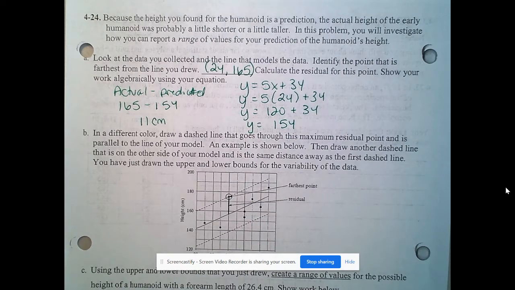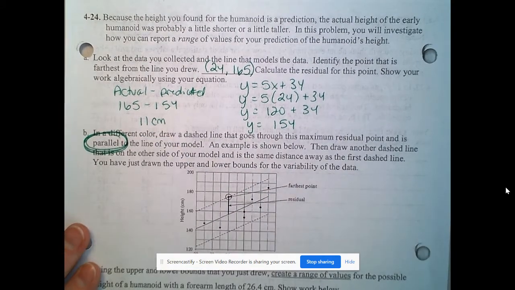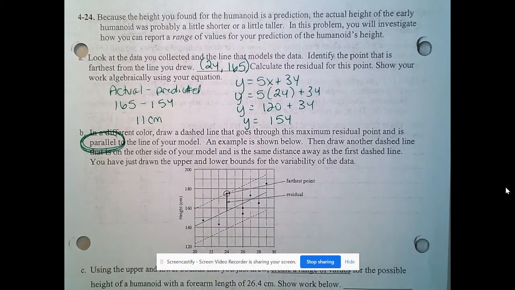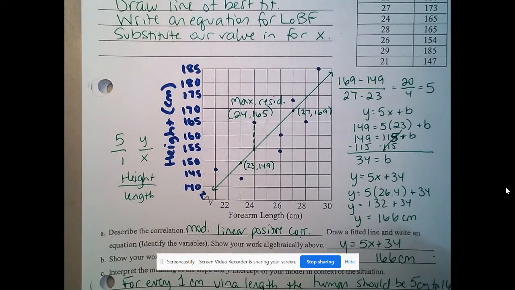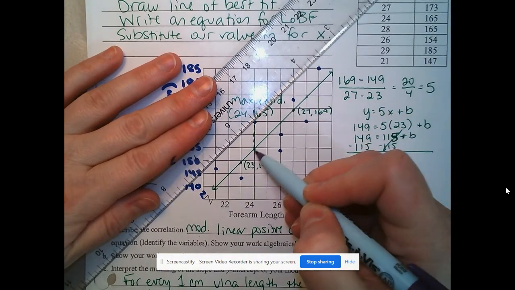In a different color, draw a dashed line that goes through the maximum residual point and is parallel to the line of your model. All right, so we're going to go back here. This is one where you're going to need a ruler, a steady hand, and a good eye. You're going to go in purposefully to draw a line that is parallel. So you want to look and see, is it at the same angle as your fitted line?